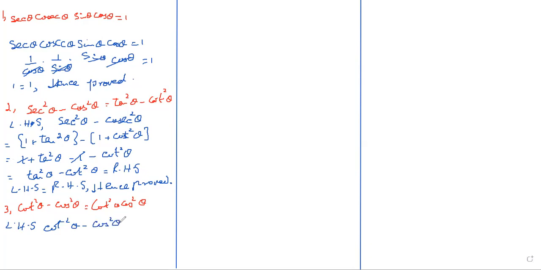We know that cotangent theta is cosine over sine theta. Minus cosine square theta. Okay, taking cosine square theta common. 1 over sine square theta minus 1.